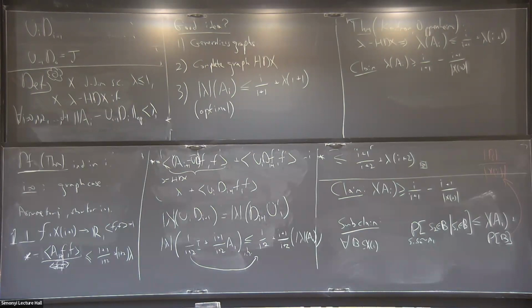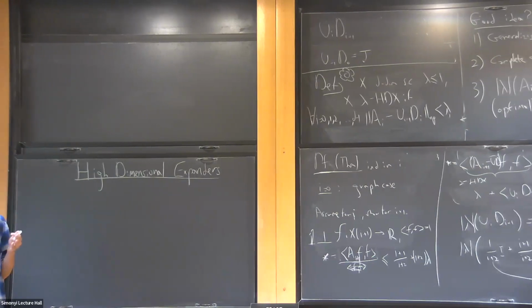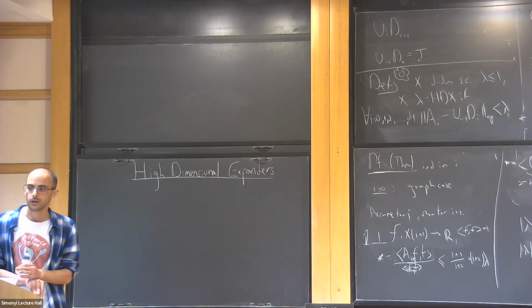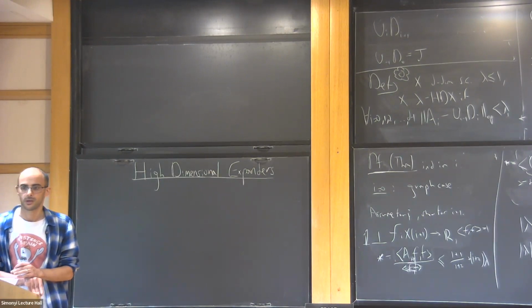This was proved by Hot, Moshkovitz, Mintzer, and Sattler for the complete complex. And after a while, this was one of these global hypercontractivity results that were generalized to high dimensional expanders.